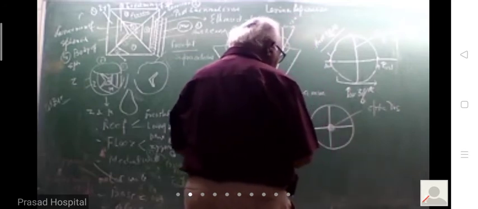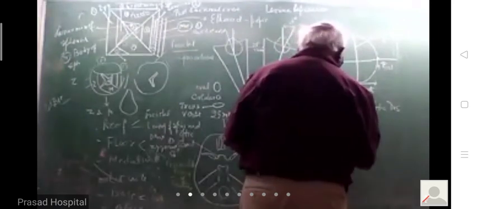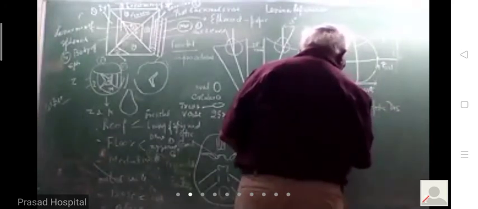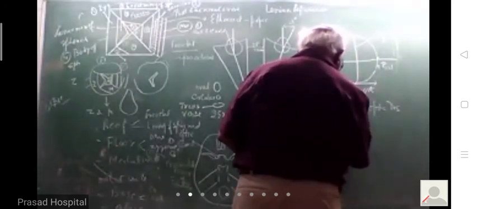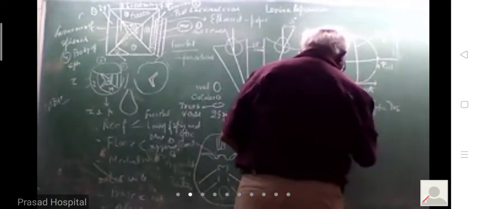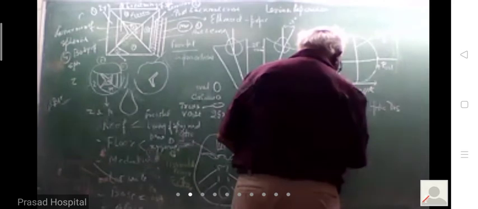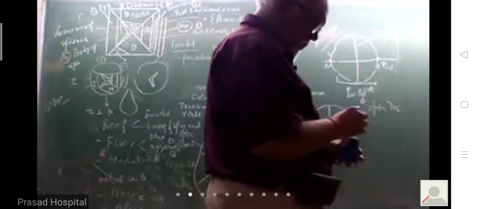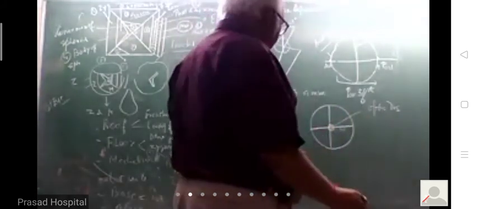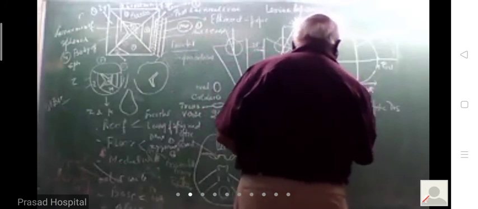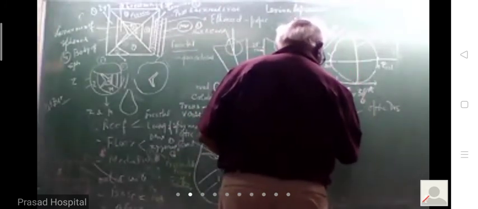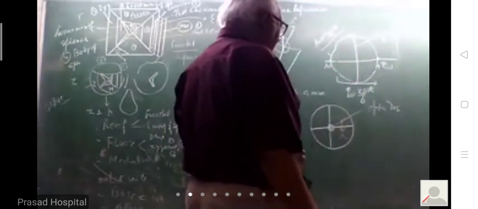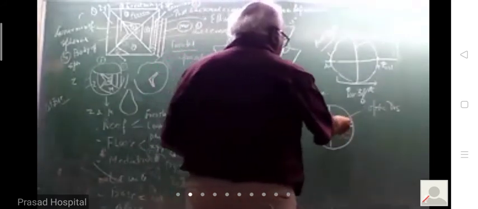A little medial to this, there is another spot, and this spot gives passage to the arteries which are entering the eyeball and then dividing into an upper branch and a lower branch.